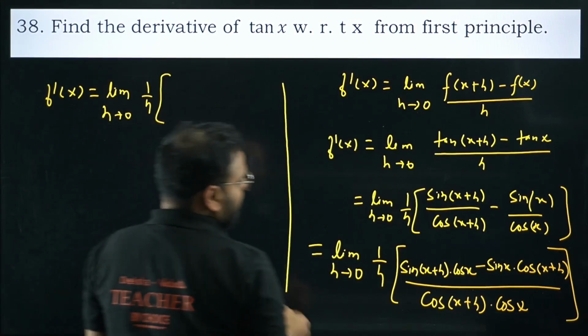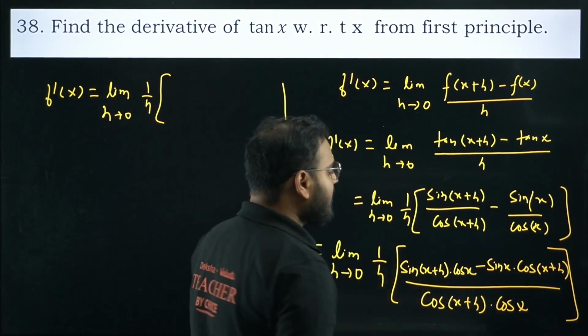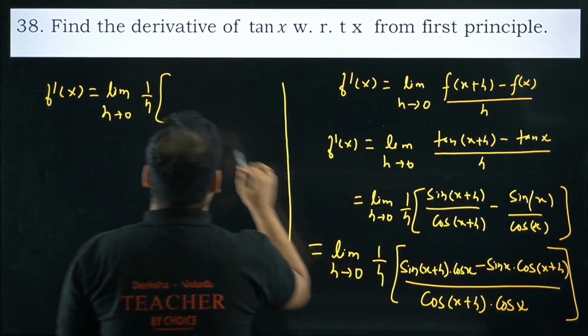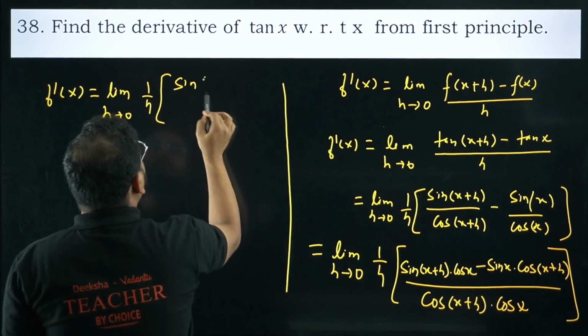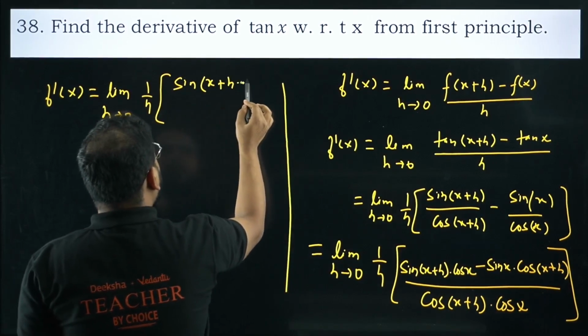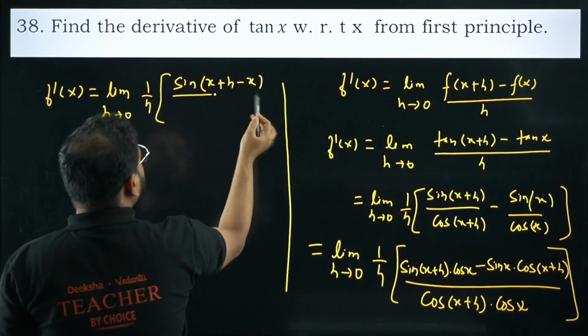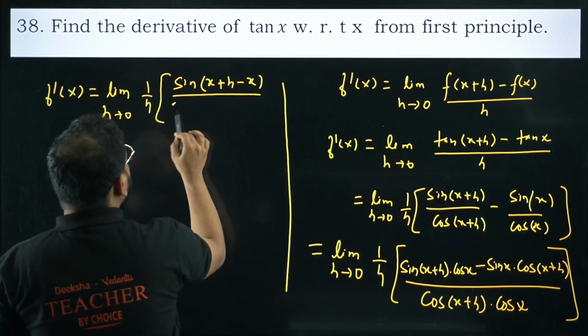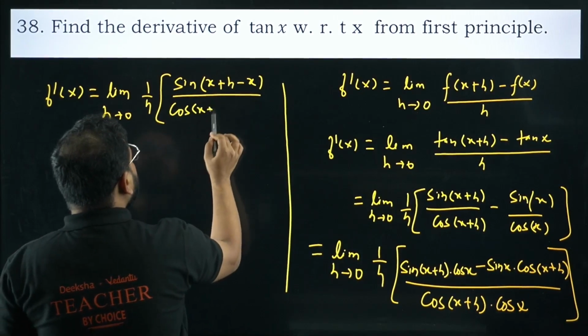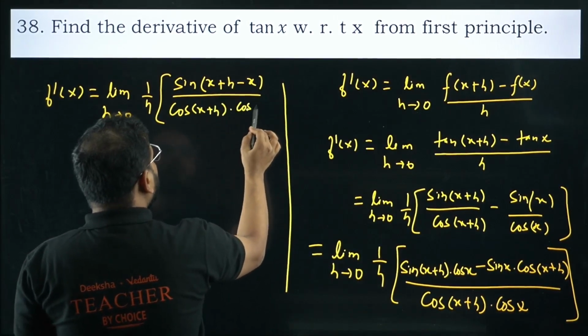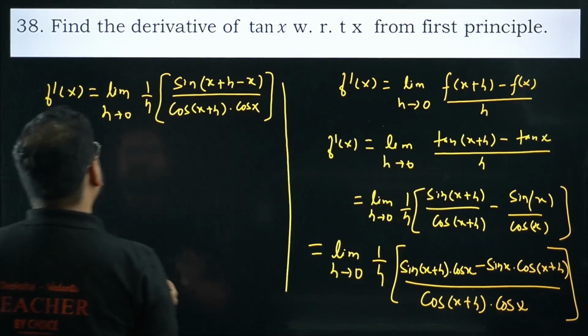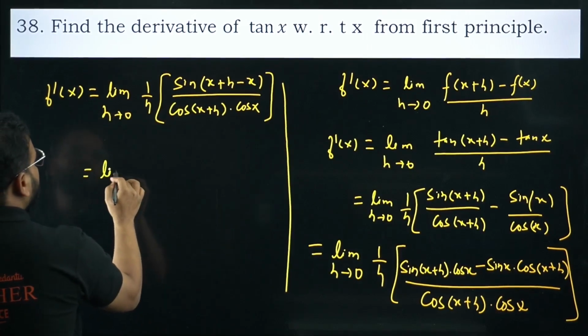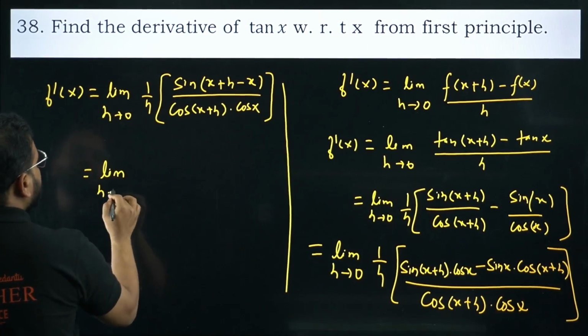Inside I have sin A cos B minus sin B cos A, so sin of A minus B, that is x plus h minus x, divided by this whole thing which remains as it is: cos of x plus h times cos of x. Check this out.